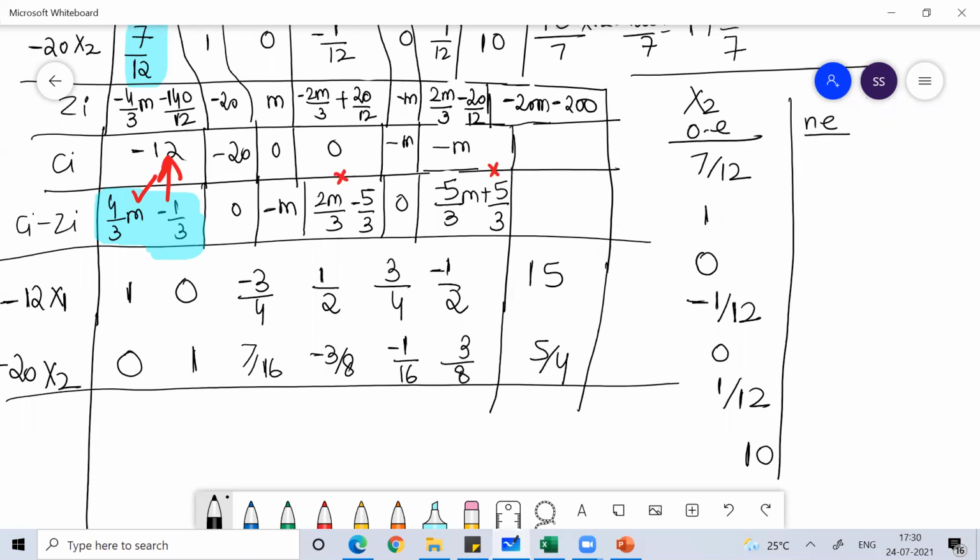New elements, that is 1, 0, minus 3 by 4, 1 by 2, 3 by 4, minus 1 by 2, and 15.